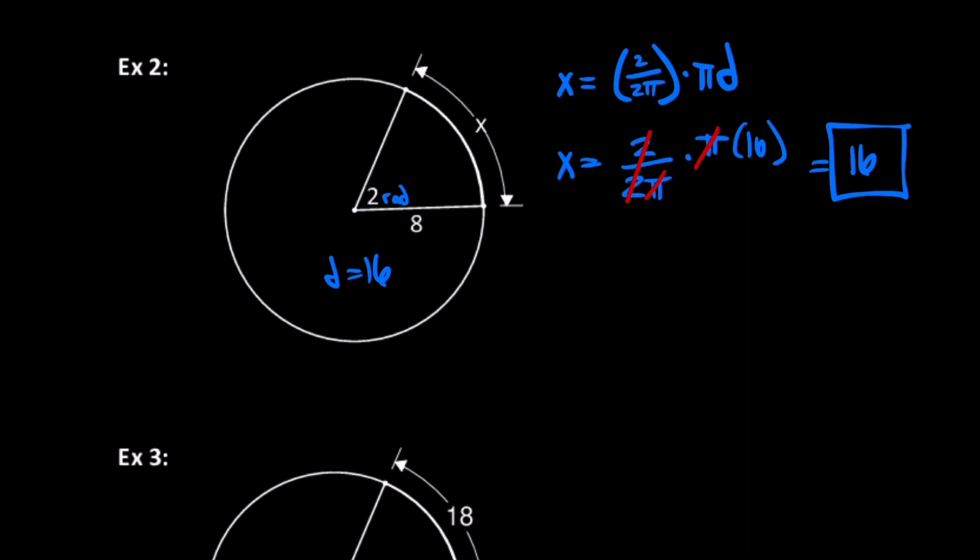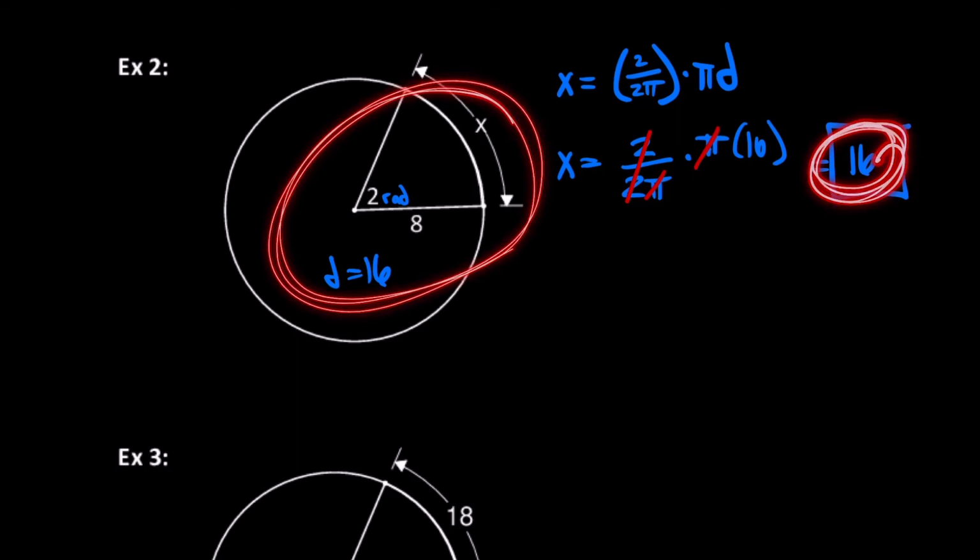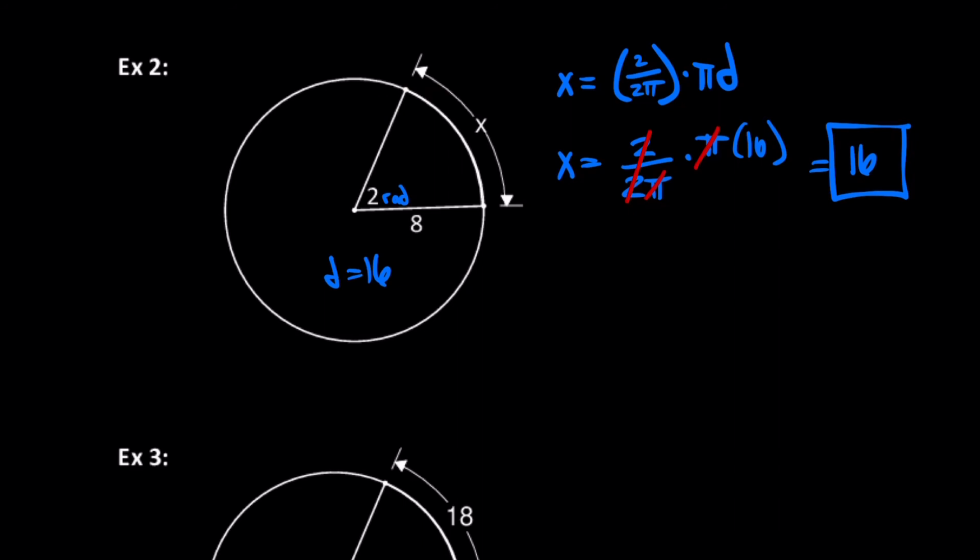So maybe we can derive a formula here. How else can I get 16 using these numbers? Isn't 16 just 2 times 8? That's how we create our easy arc length formula. S stands for arc length equals the central angle, theta, that was our 2, times r, the radius.